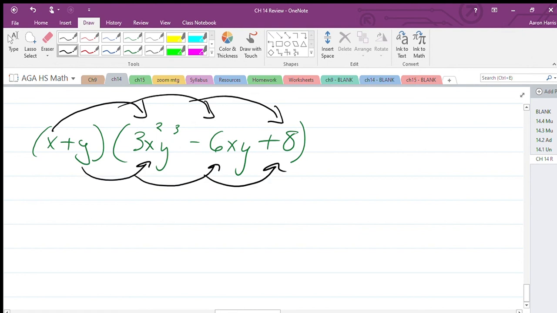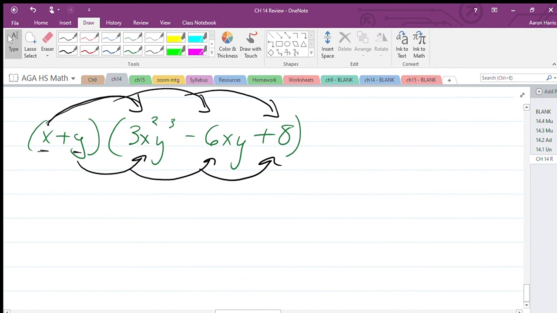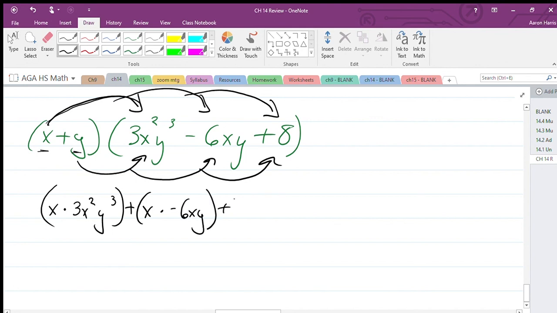So we don't call it FOIL, but it's distributing. You have to make sure that each term in the first polynomial is multiplied to each term in the second. Okay? So here we go. I get x times what? 3x squared y cubed. Add that to x times what? Negative 6xy plus x times what? 8. See how you did that? There's 3 arrows. There's 3 different equations.